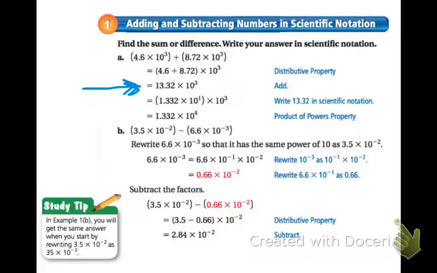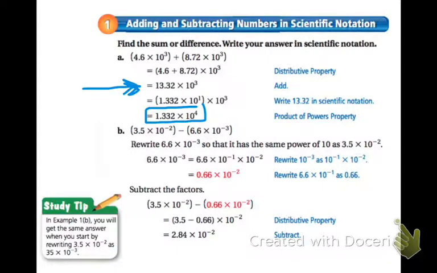And since 13.32 is greater than 10, we have to change 13.32 into 1.332 times 10 to the first power, and then that will be times 10 to the third power, and now we can add the 1 and the 3 to get our final answer right here, okay?